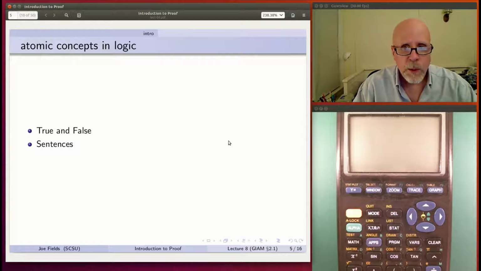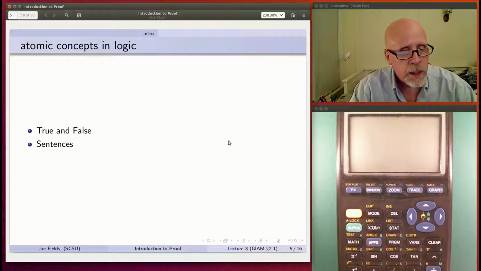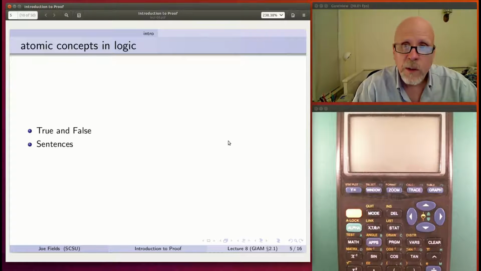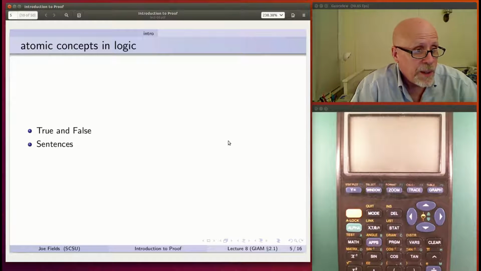All right, so we're about to talk about logic, and let's see all of this stuff in that milieu. The atomic concepts in logic are just these 3 things: the concept of true and false, and what is a sentence. And these are things that I think we can all agree on. We know what they mean, even though it's really hard to say what they mean.